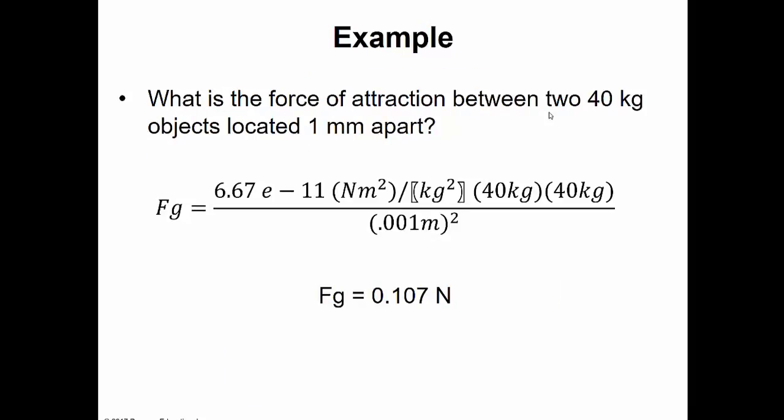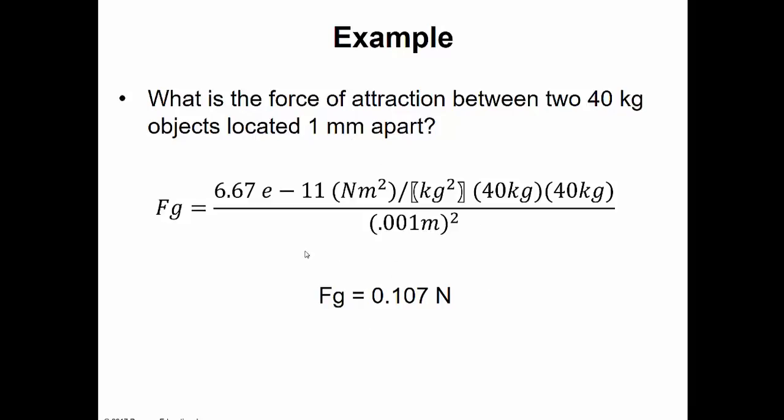So what is the force of attraction between two 40-kilogram objects located 1 millimeter apart? When we plug into our equation, G, 6.67 e to the negative 11, times 40 times 40, divided by 0.001 squared. Note that I had to change millimeters to meters.